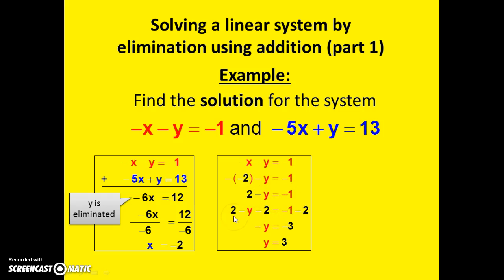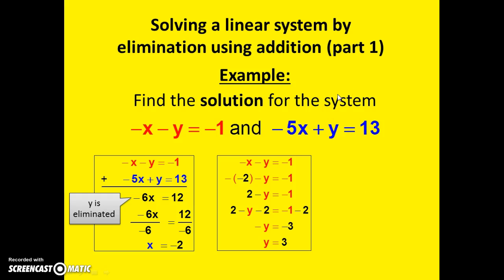We want to get the constants together, so since we have a positive 2, we want to take away 2 from both sides. And that gives us negative y equals negative 3. How did we get negative 3? You take away 1, you take away 2, we've taken away 3. But we don't want a negative y, we want a positive y. So if we turn the negative into a positive, we've got to do the same thing on the opposite side. So since negative y becomes positive y, negative 3 becomes positive 3, and there's your answer.